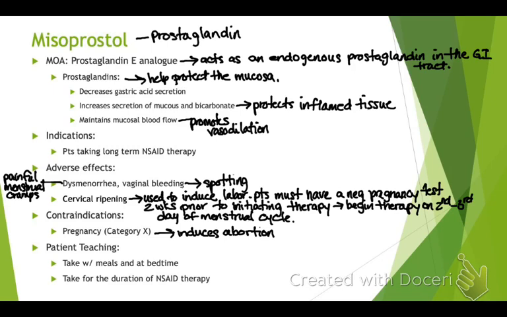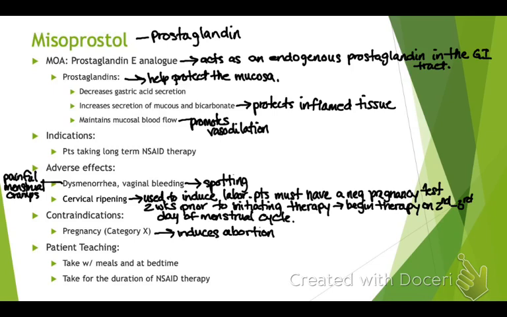And then misoprostol, since it is a prostaglandin, we also use it as a cervical ripening medication. It's used to induce labor. Patients must have a negative pregnancy test in order to take this, because we actually use it to promote labor on patients that are pregnant.